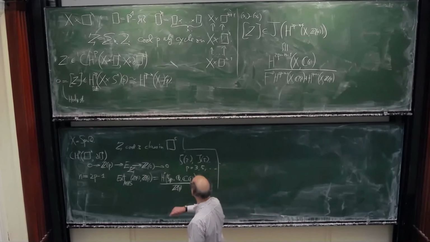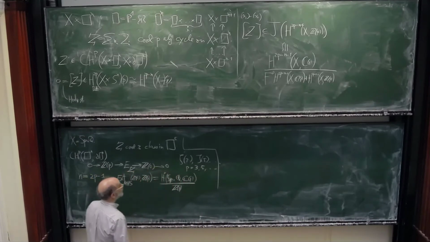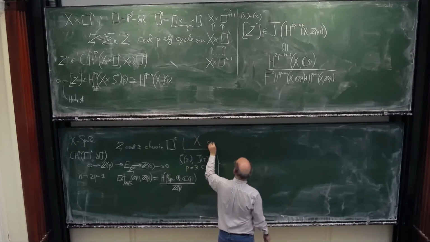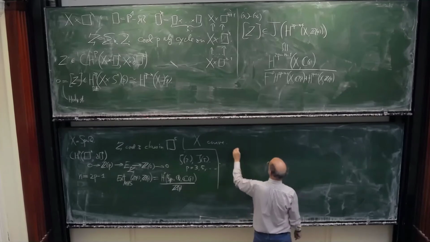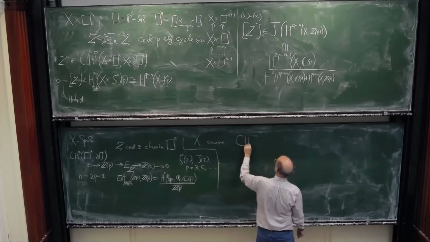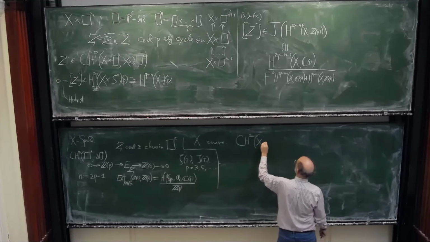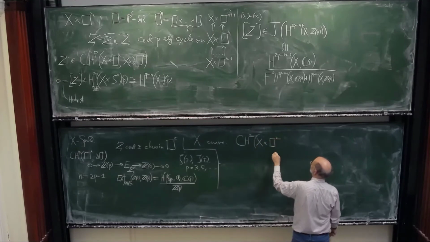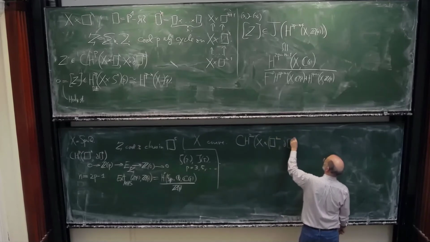One more quick example, and then I want to finish by stating the Beilinson conjectures. So another quick example, let's suppose that x is a curve, and suppose we want to look at Chow 2 of x cross box 2, relative to the boundary of box 2.